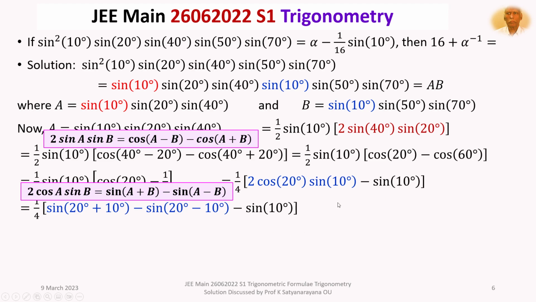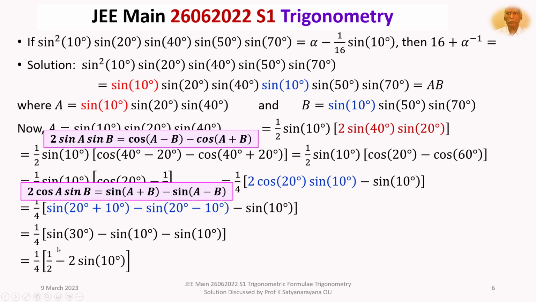So that will be equal to 1 by 4 into sin 30 degrees minus sin 10 degrees minus sin 10 degrees. These sin 10 and sin 10 give minus 2 sin 10, and sin 30 is 1 by 2. So that is equal to 1 by 4 into 1 by 2 minus 2 sin 10 degrees. So that is capital A.